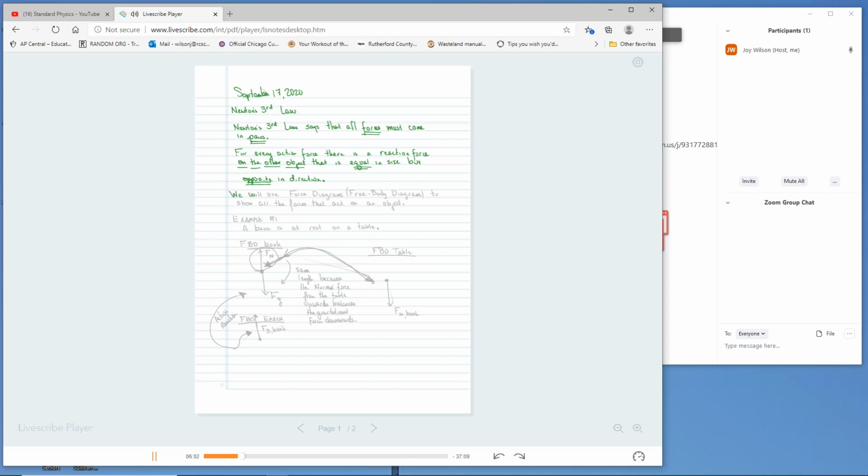Now, we will use force diagrams, which are more properly called free body diagrams, to show all the forces that act on an object.